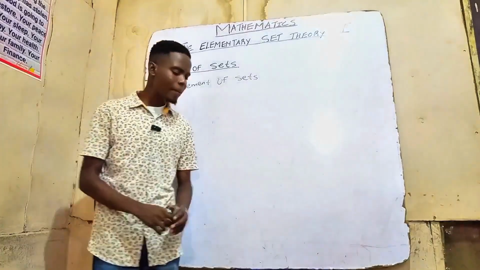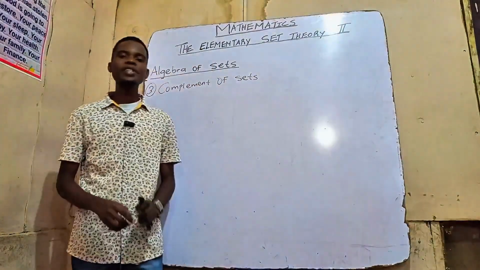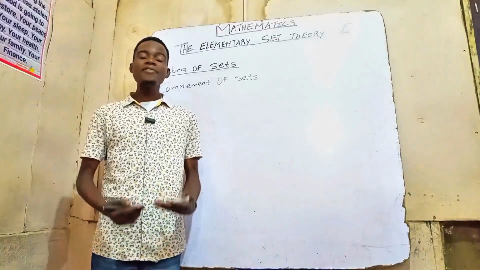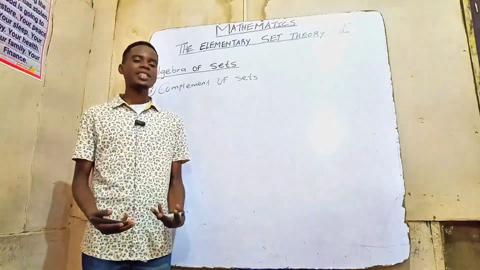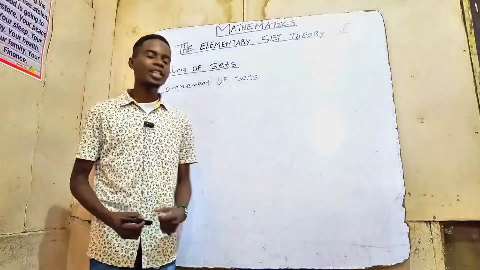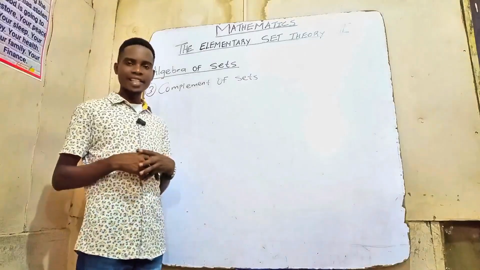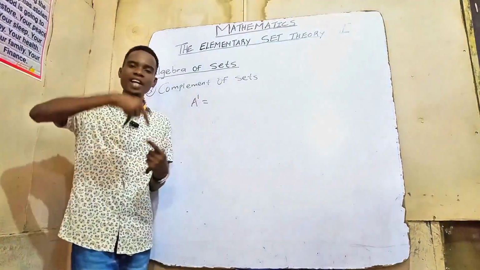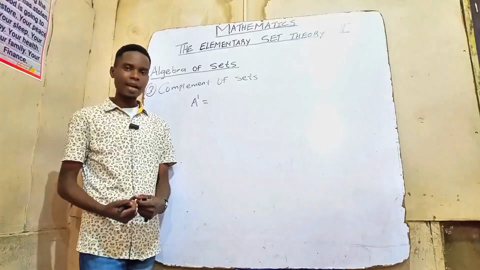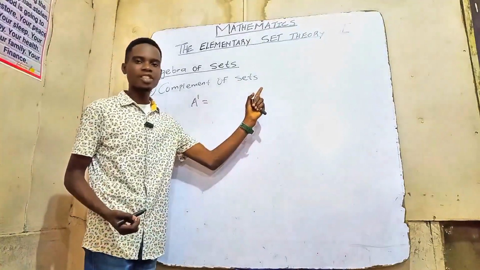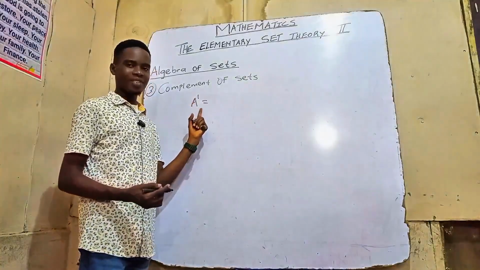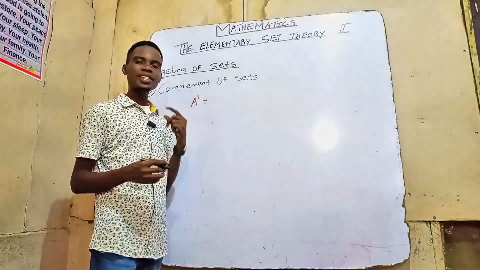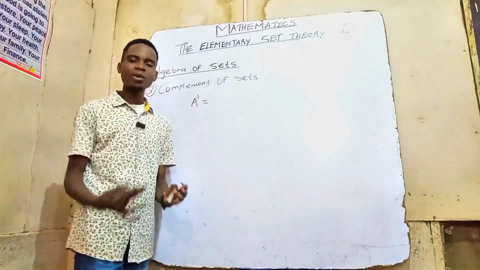When we are talking about the complement of a set, let's say set A, it means that if A is a subset of a universal set, I've explained what a universal set is, that is, if A is part of your universal set, we can say A complement is the elements that are in that universal set that are not in set A. I come again. Having known that A is a subset of your universal set, A complement means elements that are in your universal set that are not in set A.